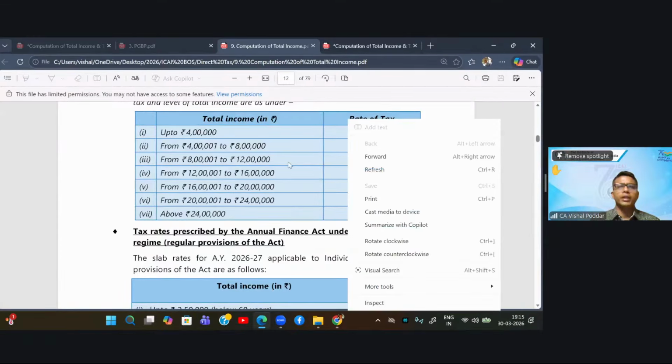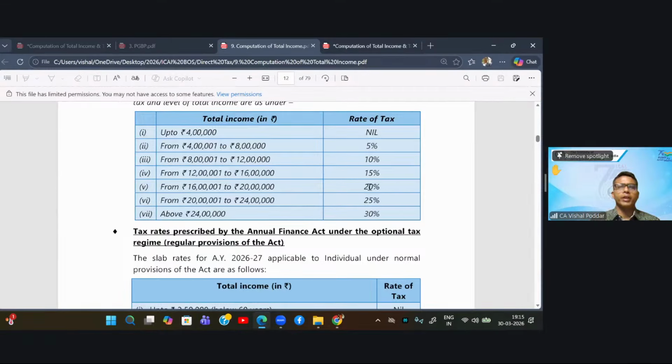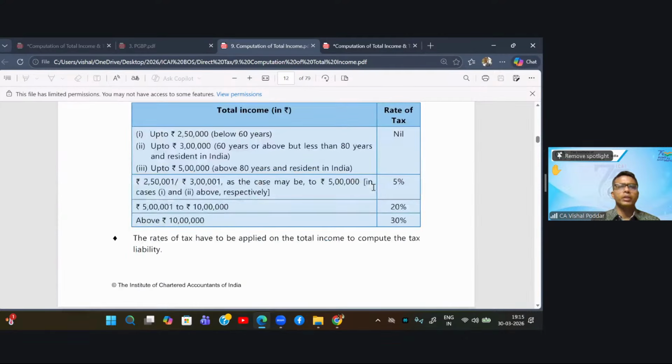And the tax rates are in multiples of 5%. So 5, 10, 15, 20. So it is easy. The old scheme has different basic exemption limits. If you're not a senior, which is the present case, your basic exemption limit is 2.5. Thereafter, from 2.5 to 5, it is 5%. 5 to 10, it is 20%. And above 10, it is 30%.